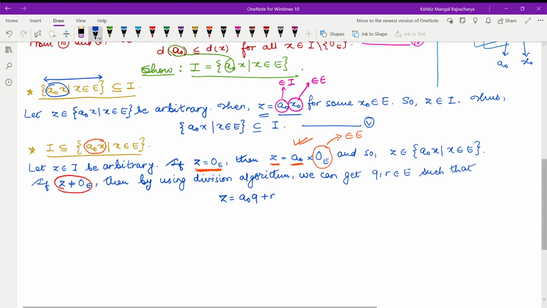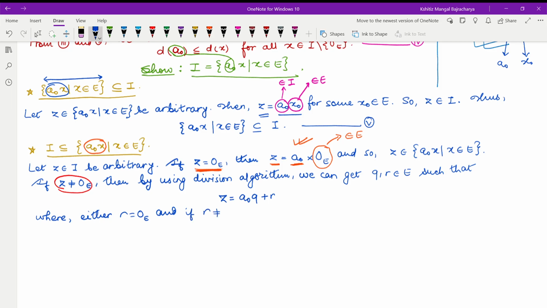In this condition, as per the division algorithm, r can be either the 0 element, and if r is not equal to 0, then d(r) should be less than d(a0). Now what we're going to do is claim that this holds.